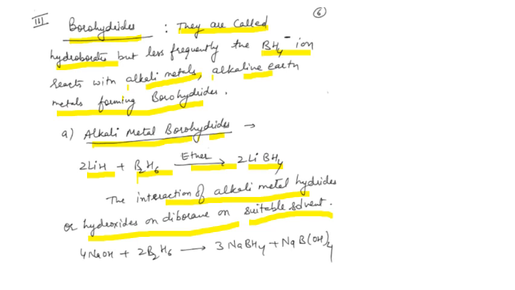Likewise, for the hydroxide example, I have taken sodium hydroxide reacting with diborane to form sodium borohydride. So either from the hydroxide or hydride of the alkali metal, when reacted with diborane in a suitable solvent, we get the alkali metal borohydride.